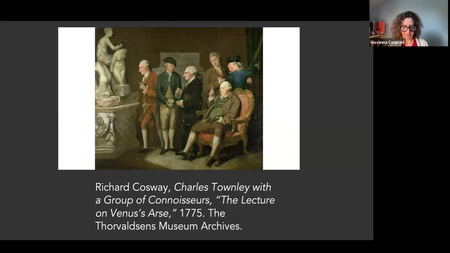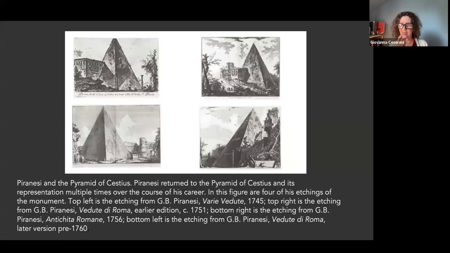One of Townley's main suppliers was none other than the Italian artist Giovanni Battista Piranesi, whom I mentioned before, with his striking, haunting, amazing depictions of the temples of Paestum.